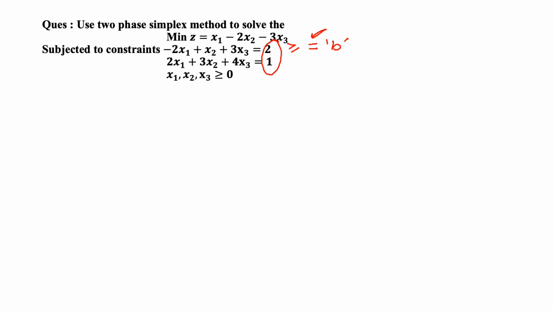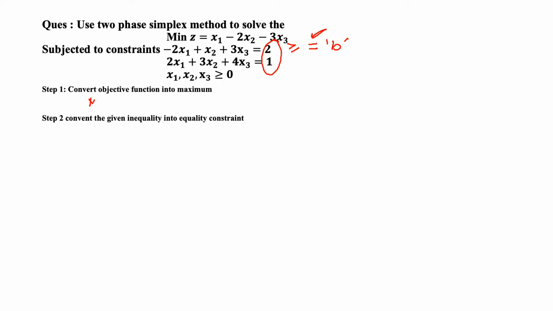So the first step in the simplex method, any type of simplex method, is to convert my objective function into maximization form. So first I am going to convert my minimization function into maximization by multiplying it with -1. Now my objective function is in maximization form.